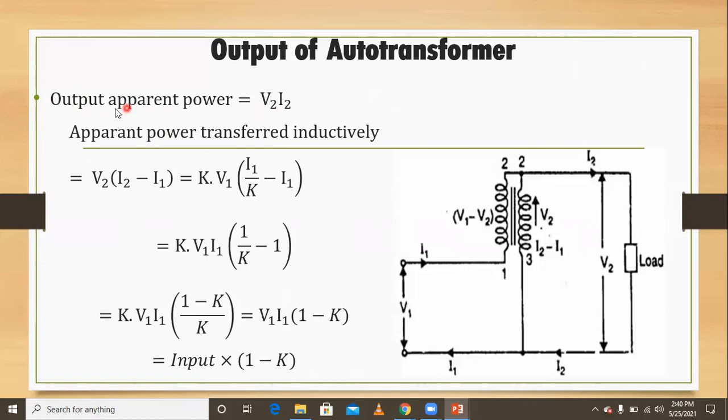S is equal to V into I. So the output apparent power is equal to V2 I2. The apparent power transferred inductively is equal to V2 into I2 minus I1. This is the power that is transferred inductively.